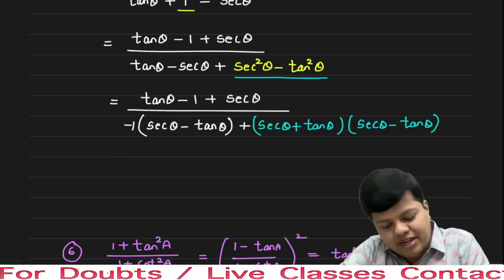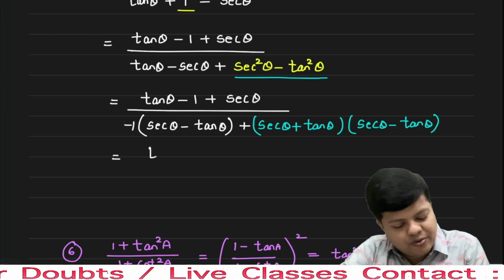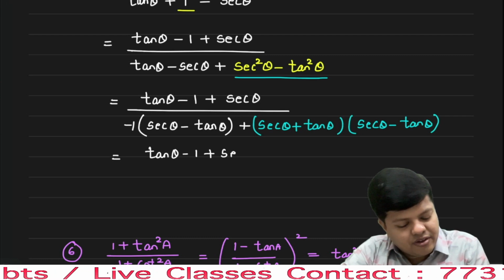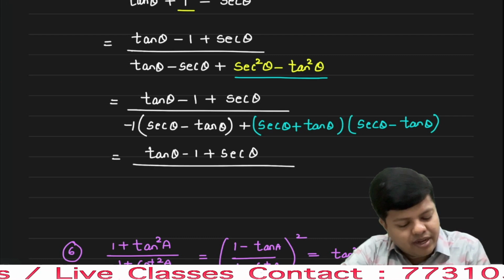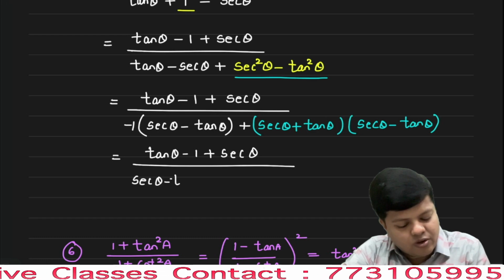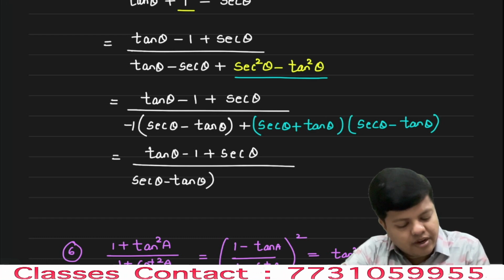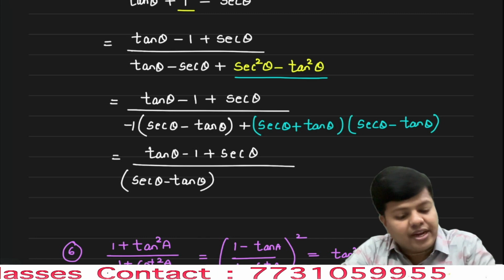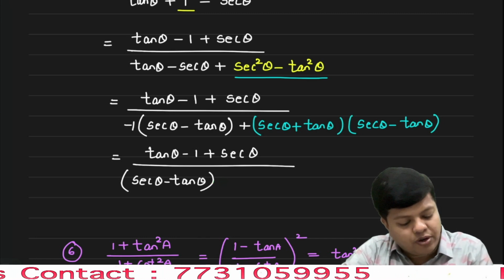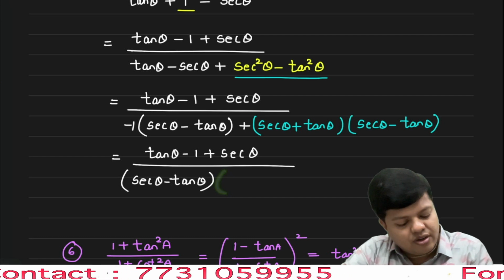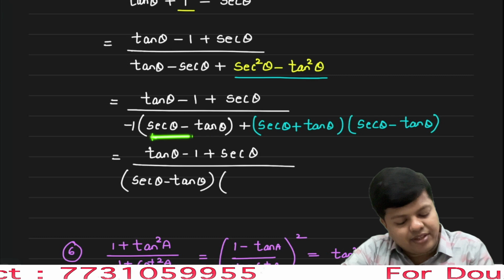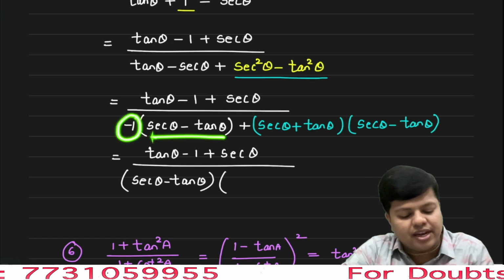Yes, as soon as you take the common you'll get the answer. Numerator same लिखना है sir, is equal to tan theta minus 1 plus secant theta divided by what I am taking common, secant theta minus tan theta I am taking common. Okay student, if you take common, when you take common you have to open the bracket. Okay, I have taken common, so it is into, if I take this as common, what is left, minus 1 is left.